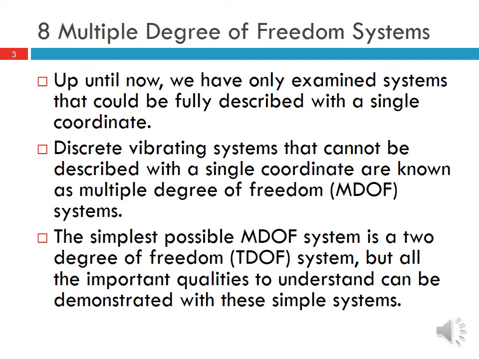The simplest possible multiple degree of freedom system is a 2 degree of freedom system. But all the important qualities to understand here can be demonstrated with these simple systems, and these concepts can be easily extended to any degree of system.